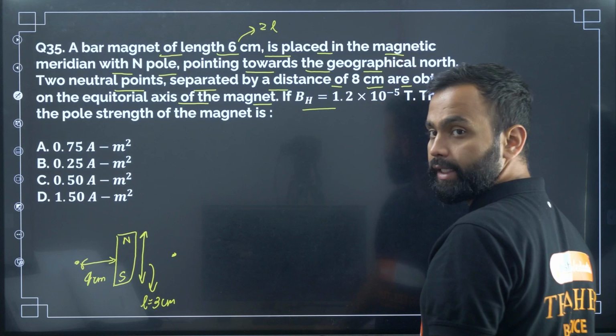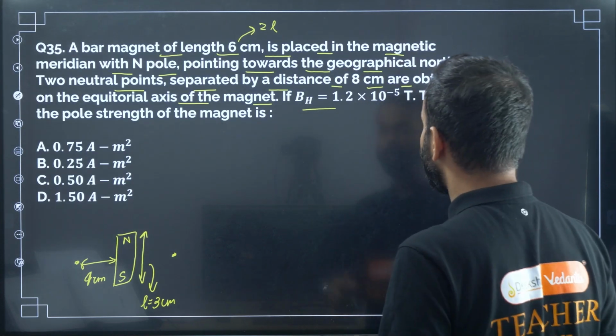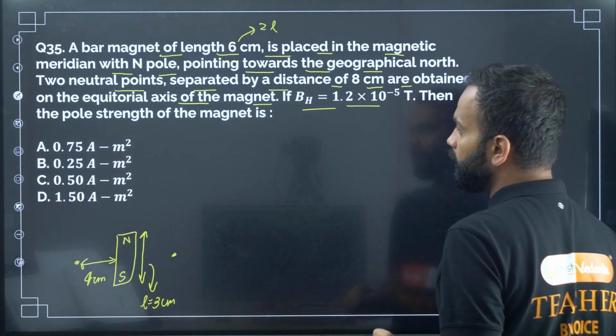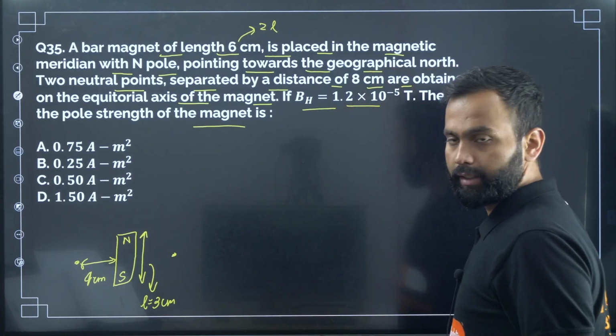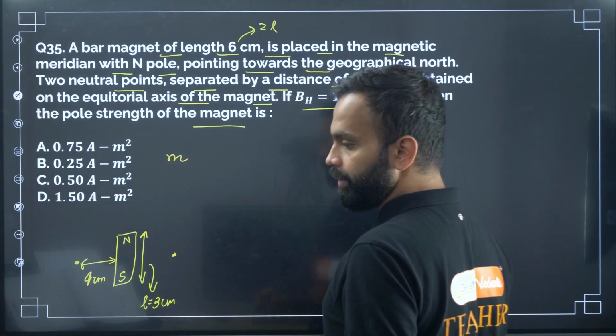If BH, that is the horizontal Earth's magnetic field, is equal to 1.2 into 10 to the power minus 5 Tesla, then find the pole strength of the magnet. So we need to find small m, the pole strength of the magnet.